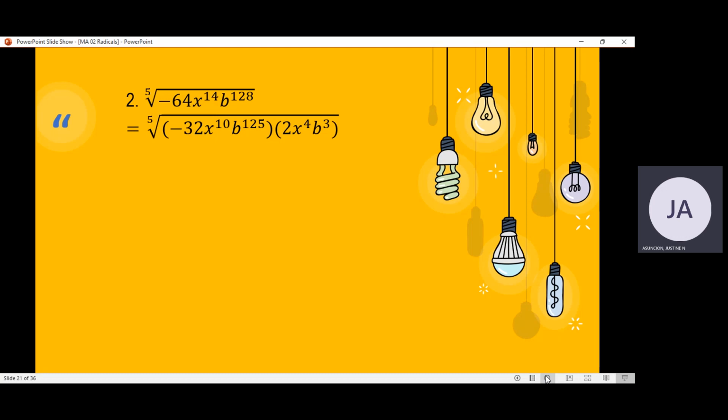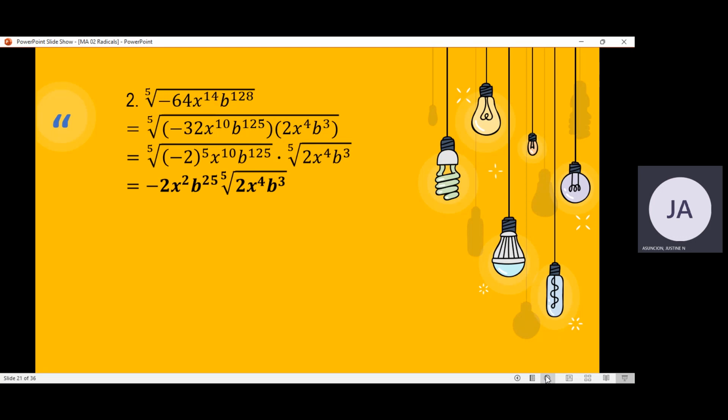B raised to 128 can be expressed as b raised to 125 times b cubed. Negative 32 we can express as negative 2 raised to 5, and then we can take the fifth root of that, which is negative 2x squared b raised to 25.